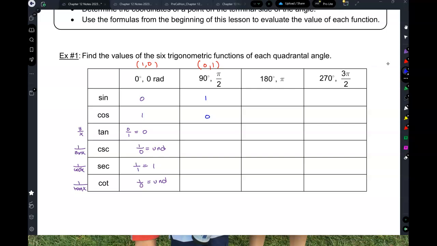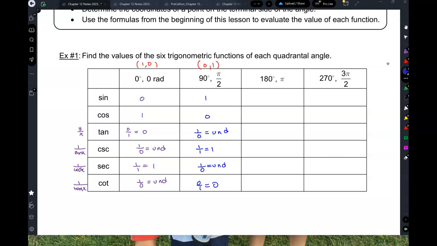Tangent is y over x. 1 over 0, which is undefined. Okay. Cosecant is 1 over sine. 1 over 1. How much? Okay. Secant is 1 over cosine. 1 over 0, undefined. Cotangent is the reciprocal of the tangent. So it's 0 over 1, which is 0.